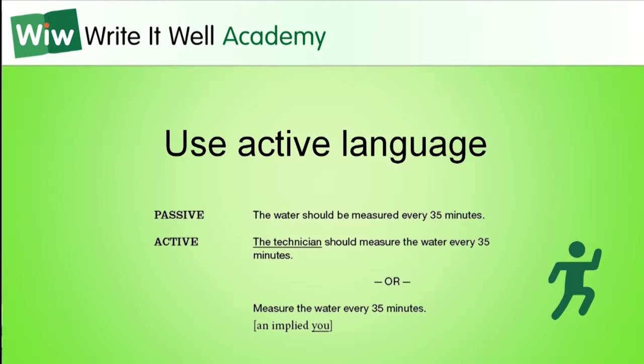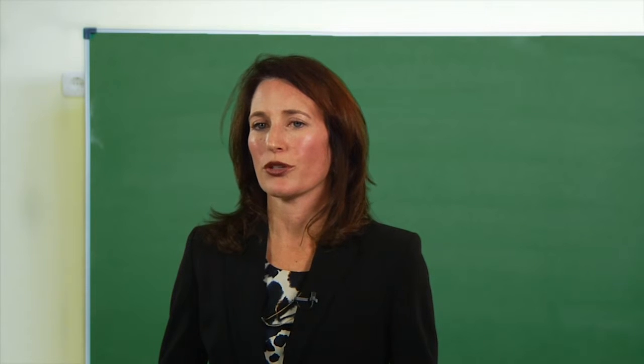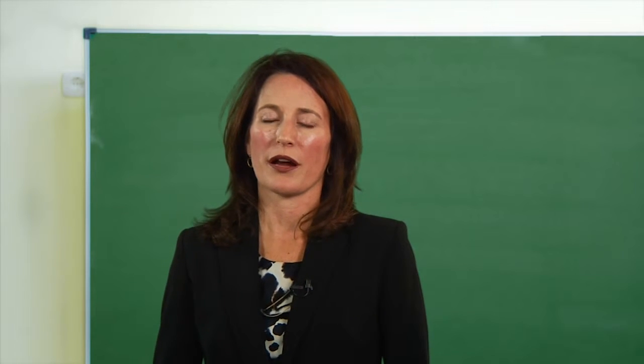In active voice, the actor's defined and comes first. The technician should measure the water every 35 minutes. Or there might be an implied you. You should measure the water every 35 minutes. You can drop the you: measure the water every 30 minutes. And if that proposed procedure was given to me, I would know that I'm the one, I'm the actor in this scenario.